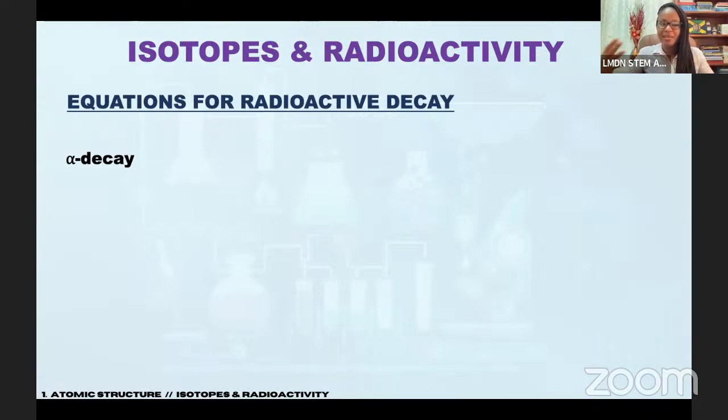You have these isotopes, and the level up is a radioactive isotope. A radioactive isotope just means that the nucleus of that isotope is very unstable, and so it will spontaneously disintegrate. It will just break down into pieces, right?